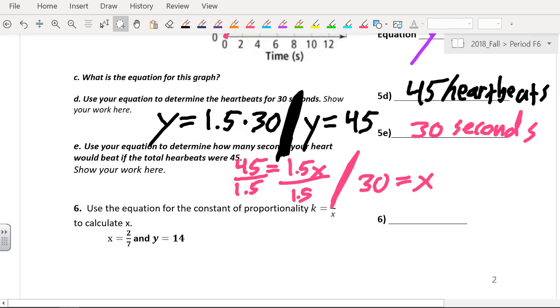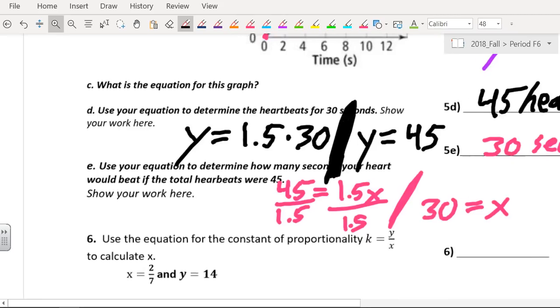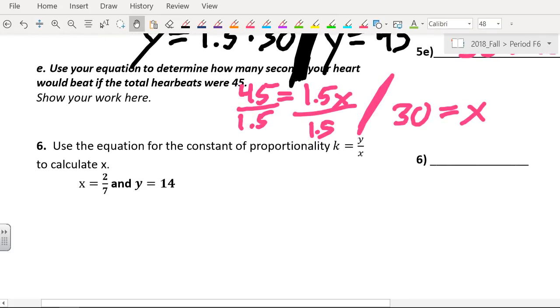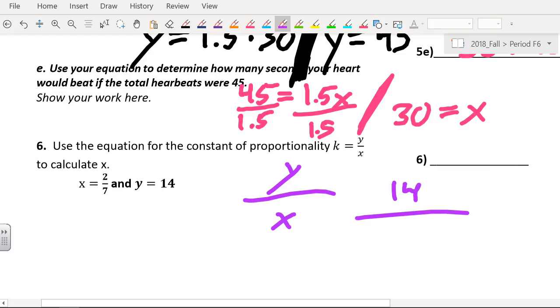Okay, so this says k equals y over x. Let's see. Use the equation for the constant of proportionality to calculate. Okay, so what they're doing here is they're tying back into last unit. Remember when we had division of fractions? So, if they want you to do y over x, then let's put 14 over 2/7, right? And that's nothing that scary.